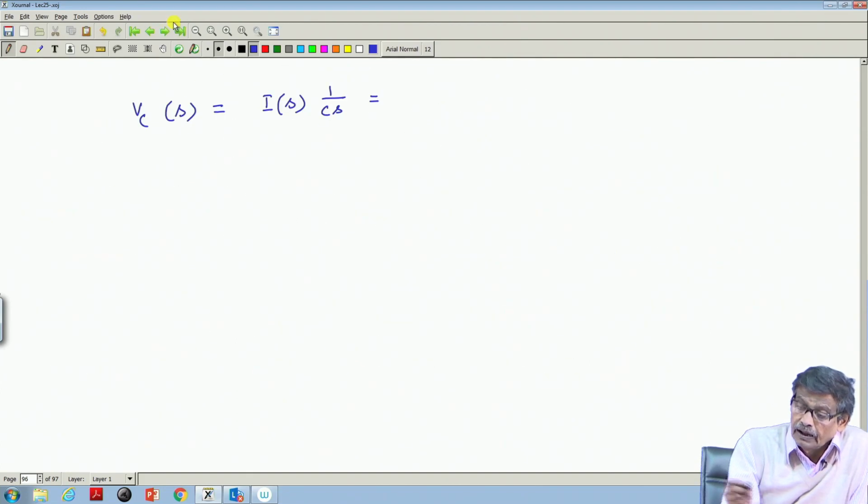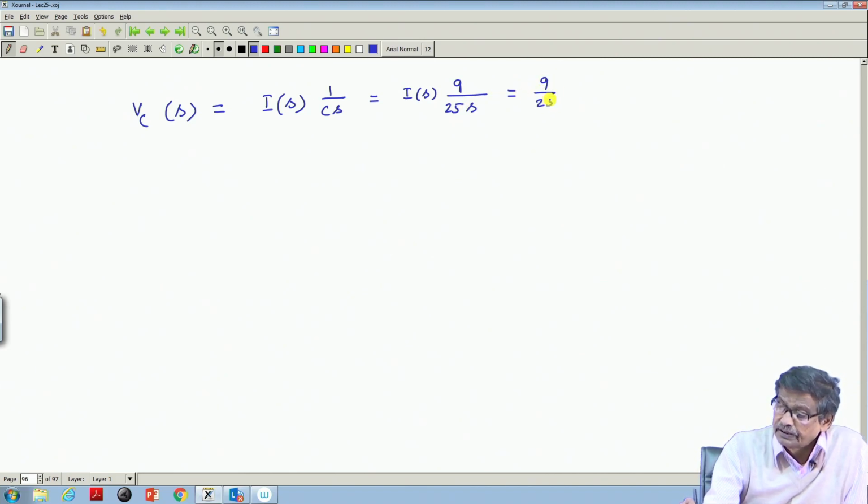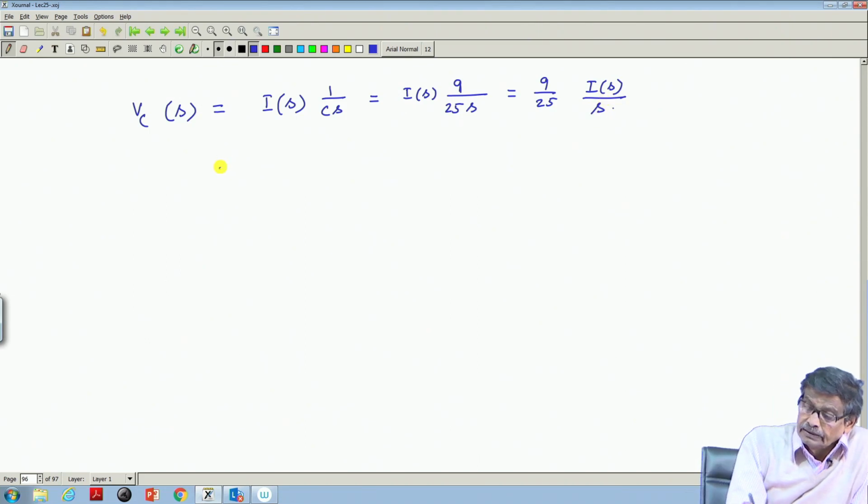So, I will say I(s) into 1 over 25 by 9, so it will be 9 by 25 into S, which is equal to 9 by 25 into I(s) by S. Then you put, I have already calculated I(s), that is equal to 9 by 25 will be there.